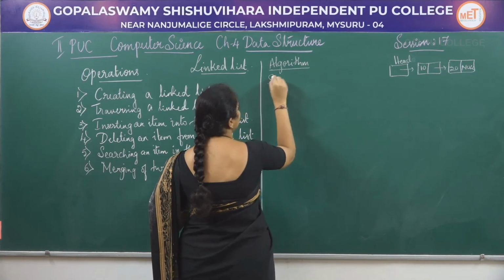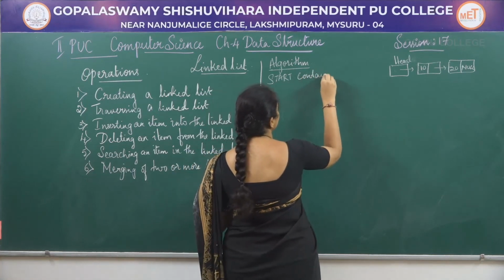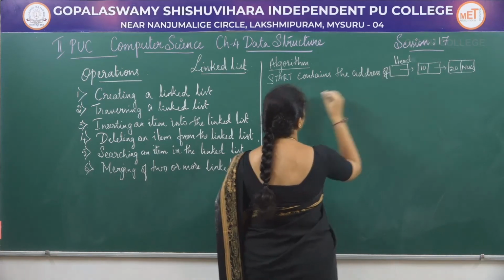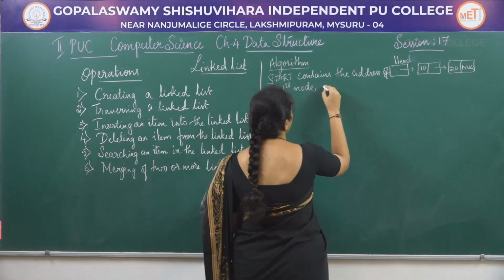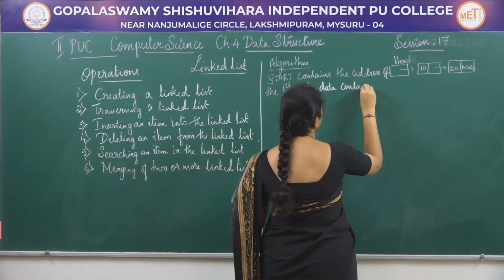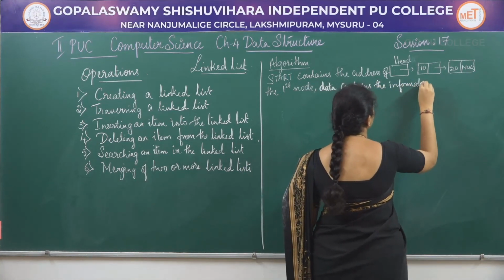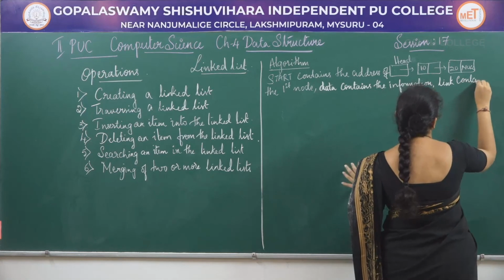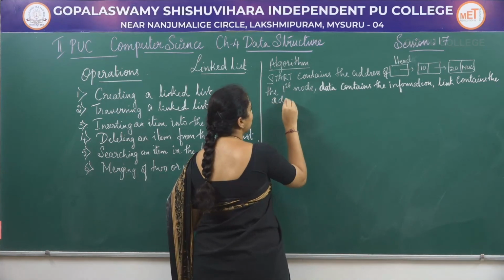Here, start contains the address of the first node, data contains the information, and the link part contains the address of the next node.